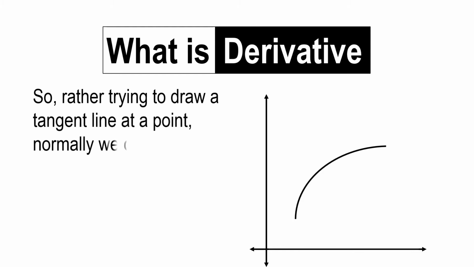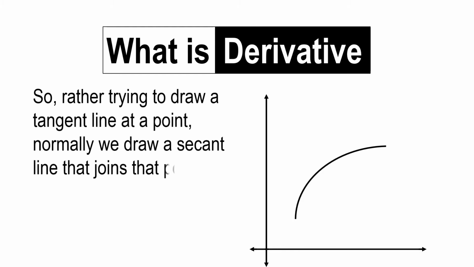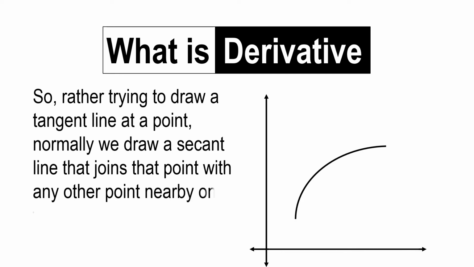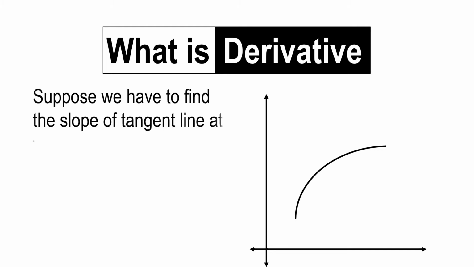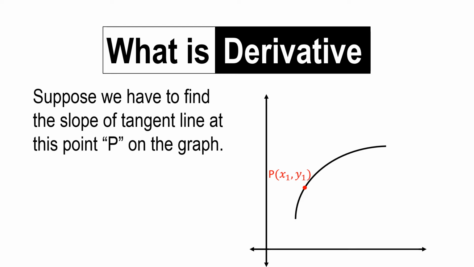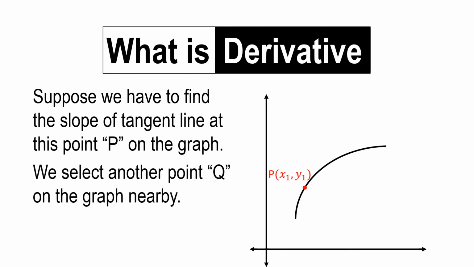So rather than trying to draw a tangent line at a point, normally we draw a secant line that joins that point with any other point nearby on the graph. Suppose we have to find the slope of tangent line at this point P on the graph. We select another point Q on the graph nearby.